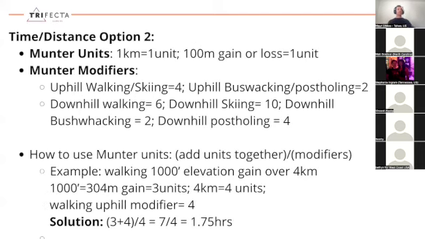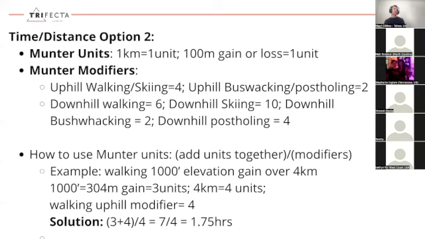The second one that is common for guides to use as they are planning their routes is the Munter unit. So this one is a little bit more complicated, but as you understand it, becomes fairly accurate. The only thing that's going to significantly change this accuracy is your and your group's level of fitness.